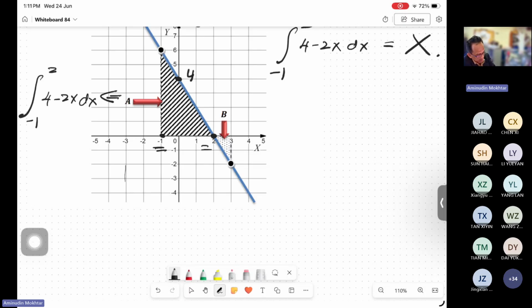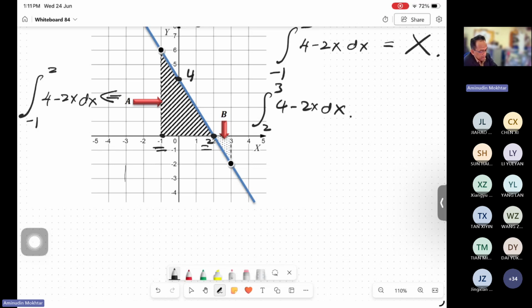But for area B, since it is below the x-axis, we can apply the same formula, and we can still find the answer by using the definite integral from x equals 2 until x equals 3 for the same function, 4 minus 2x dx.